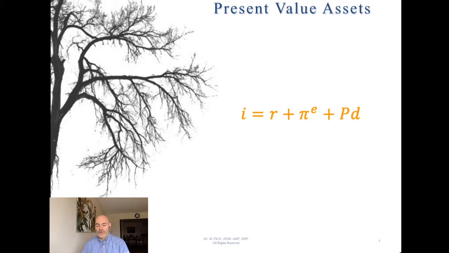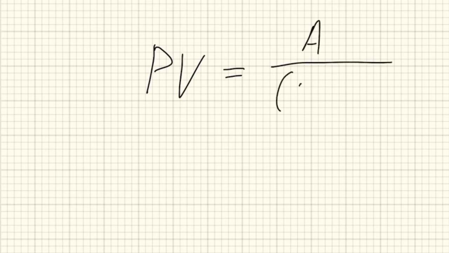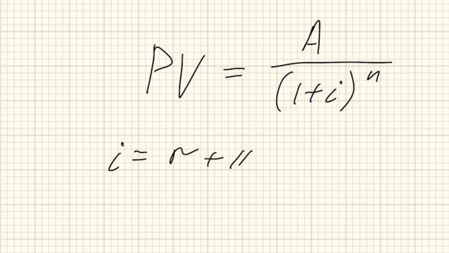So think about what happens to the present value of a project that is going to last for a very long time, including in perpetuity. Because of your interest rates, and I'm going to shift here to my notepad, we have discovered previously that the present value of a future denominated asset is 1 over 1 plus the interest rate, and the interest rate in turn depends upon the real interest rate, expected inflation, and default risk.